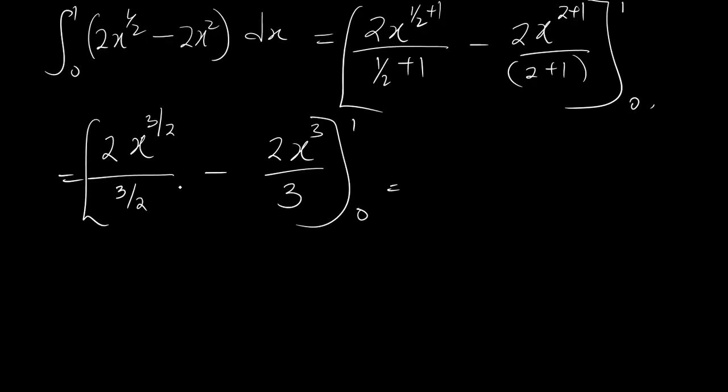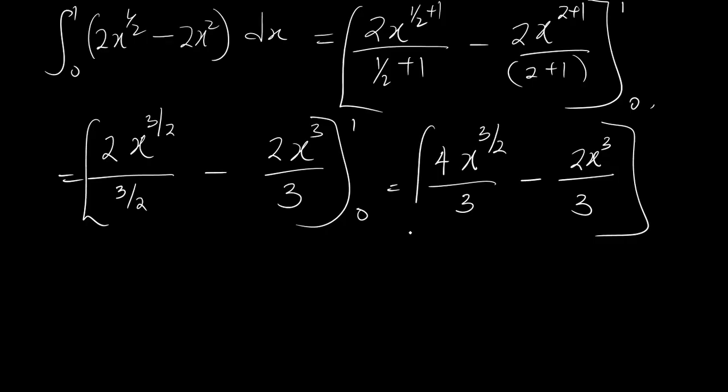Now, this expression here will now be 4x raised to power 3 all over 2 divided by 3 minus 2x cubed all over 3, 1 and 0.